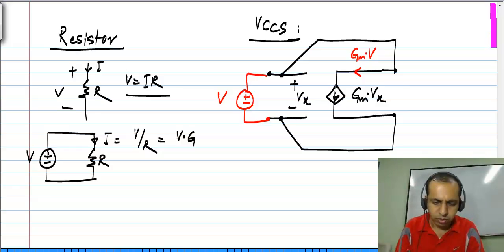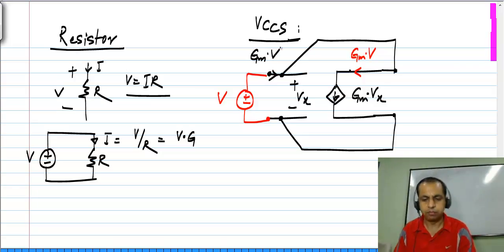So what happens? This Gm times V will flow here and it will actually flow from this voltage source. So the current flowing out of the voltage source is Gm times V.